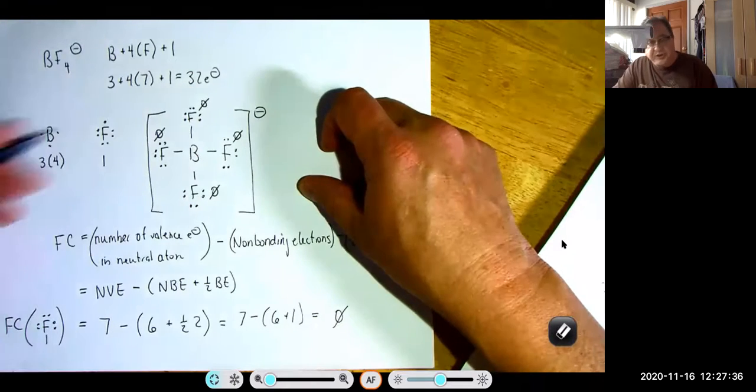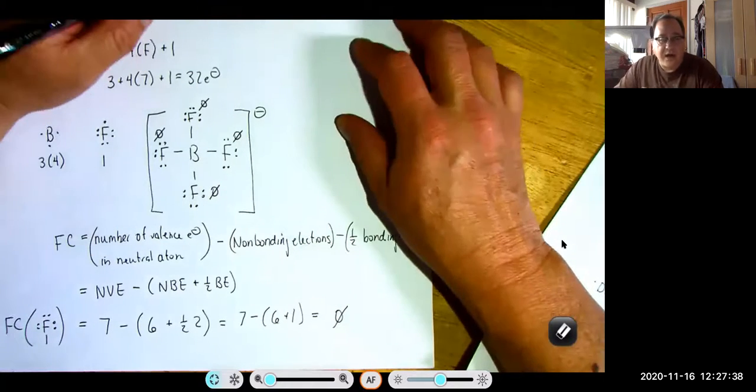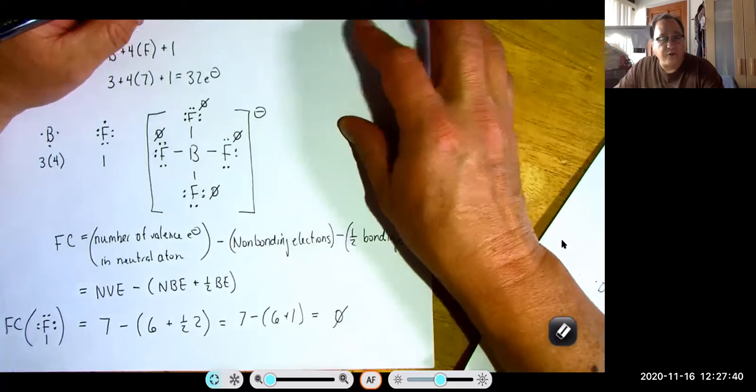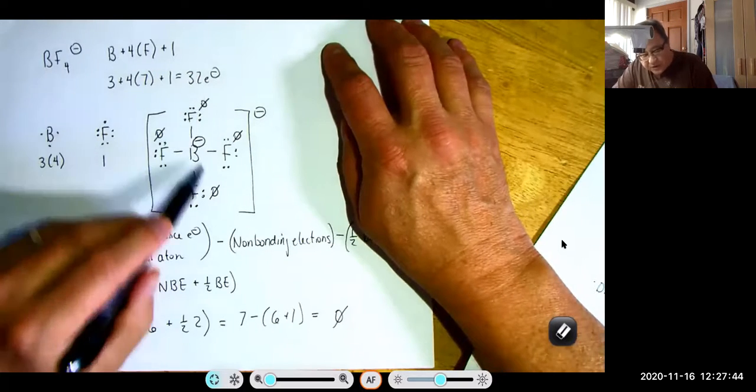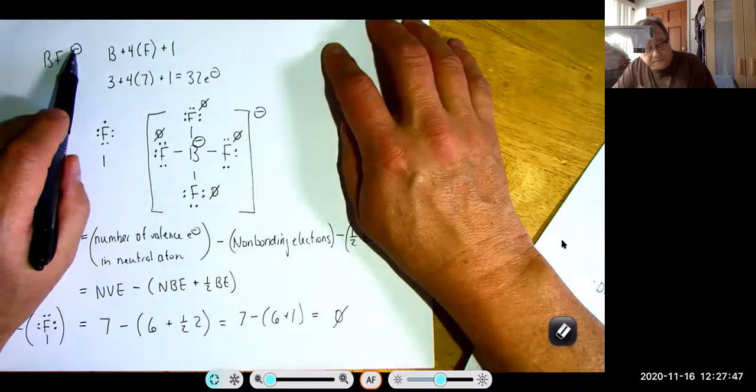So if all of these are zeros, what does the formal charge on the boron have to be? And the answer is -1, because all these formal charges have to equal the charge on the ion.